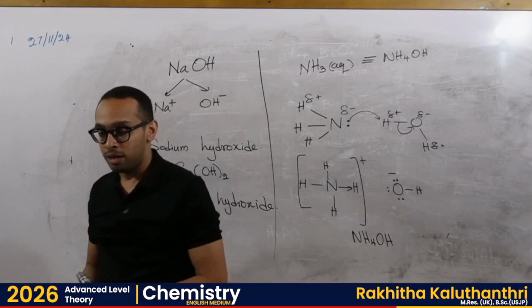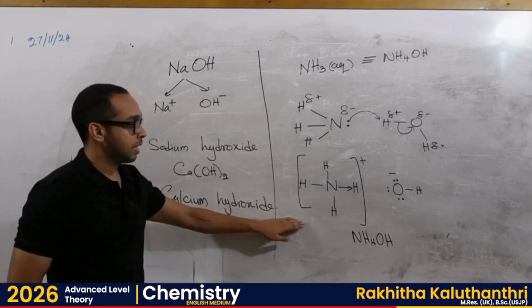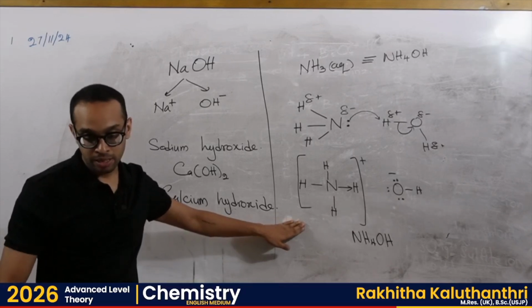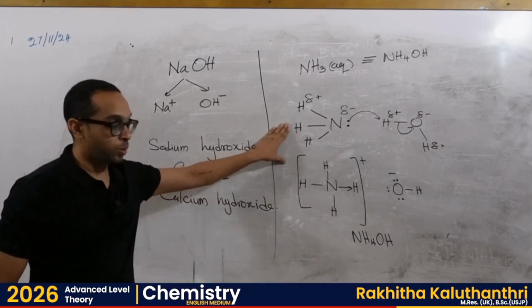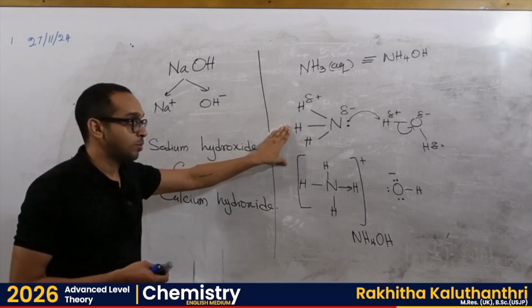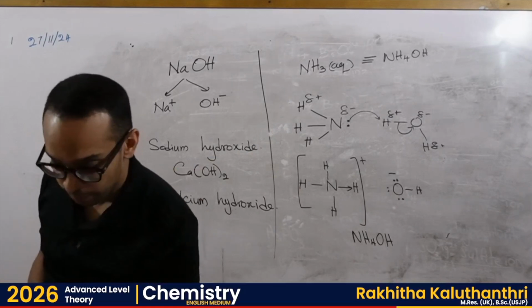So I would recommend that you take this diagram down somewhere in your notes if you can, because I don't want to separately give you a note on this. This is more or less common knowledge that you should have as we move forward. So I have given you a small detail there.